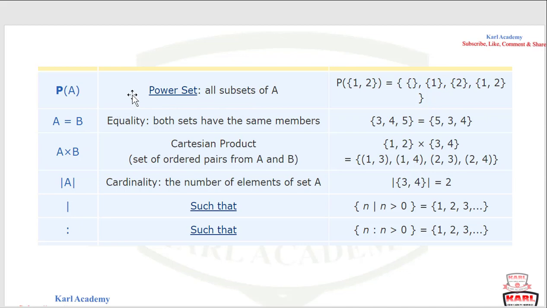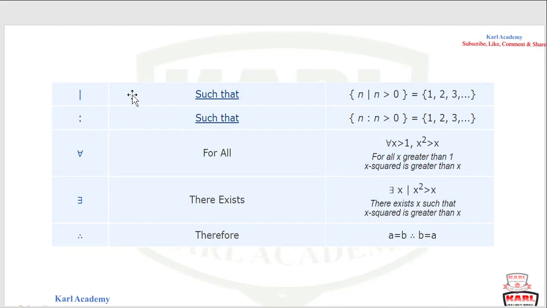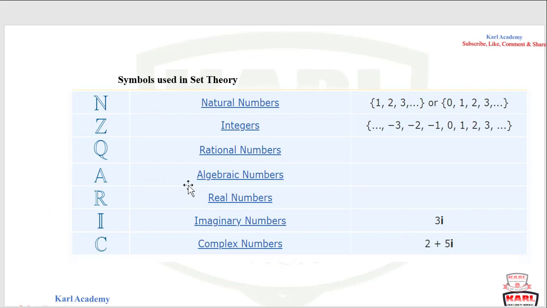So these are the examples. We shall learn this thing as we proceed. Then these are symbols for number sets. When you see N, natural numbers 1, 2, 3, or the integers, you have negative, 0, 1, 2, 3.